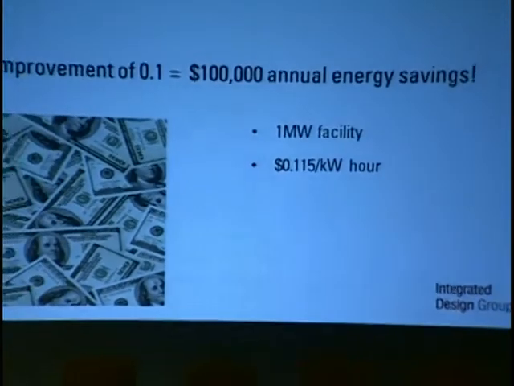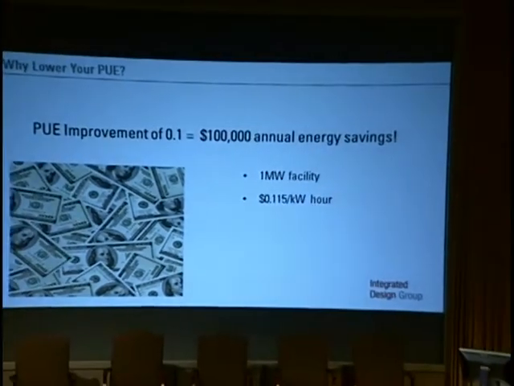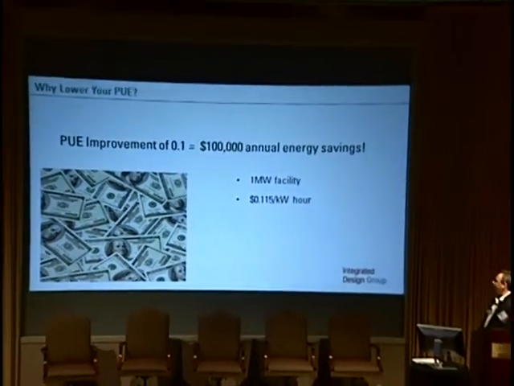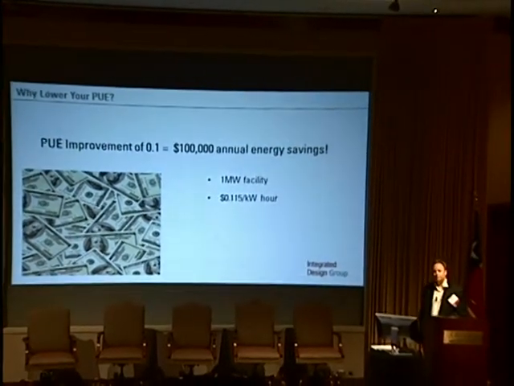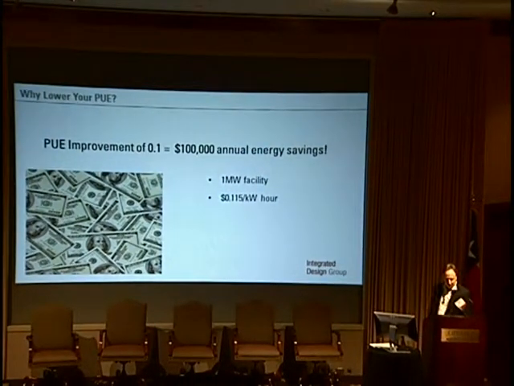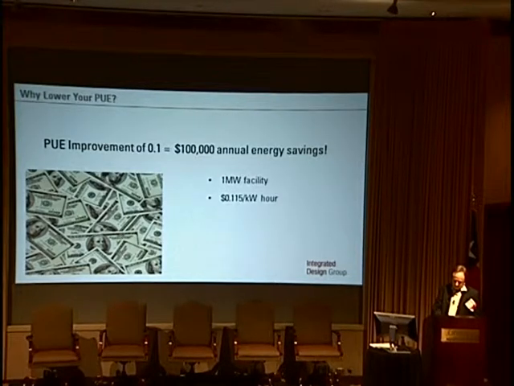So here's a straight calculation for what kind of savings you can get by improving your PUE. Basically, a straight calculation for a 1 megawatt facility at 11.5 cents per kilowatt hour could be as much as $100,000 in annual energy savings. That's pretty good.